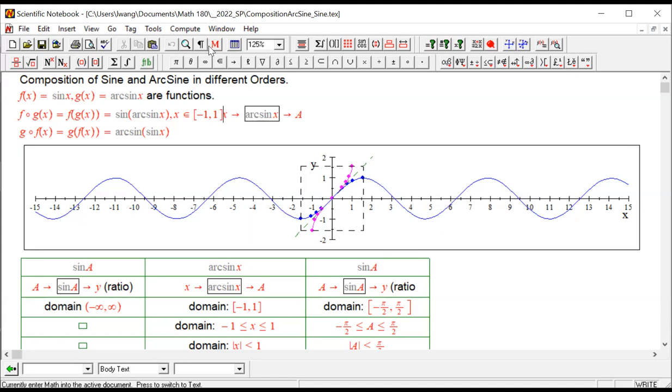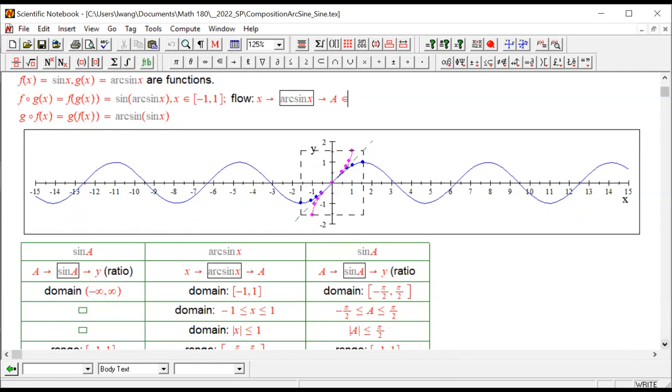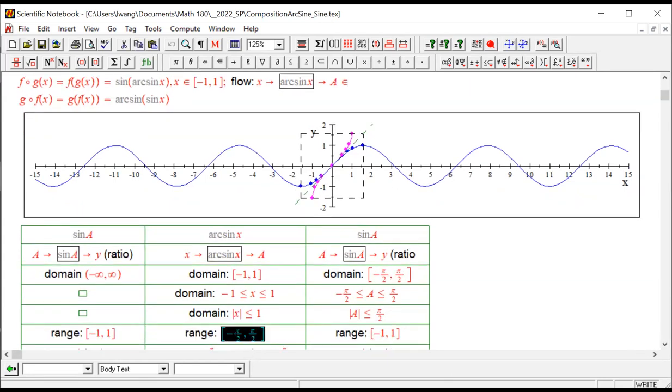And the flow is like that. The input is X, which is a ratio, and no matter what you enter it has to be between -1 and 1. It produces exactly one output, and this angle is going to be in the range of arc sine, which is right here.